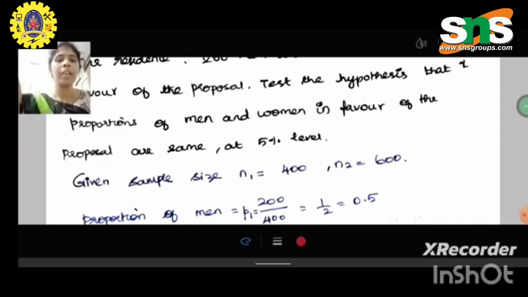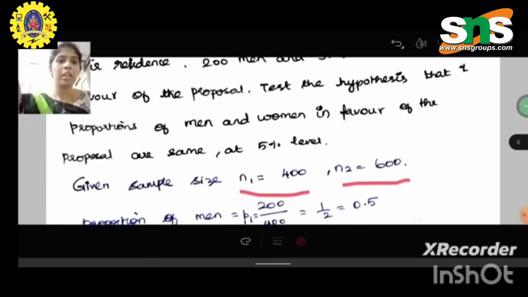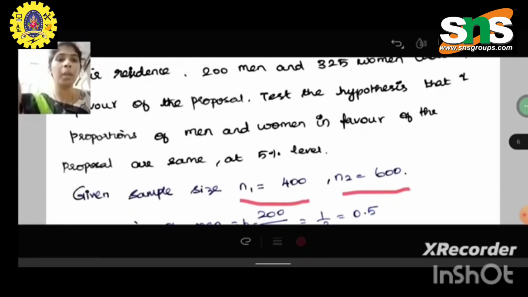Here N1 stands for the male population and N2 stands for the female population, that is, the number of men is 400 and the number of women is 600. Among those 400 men, 200 men only support the project.